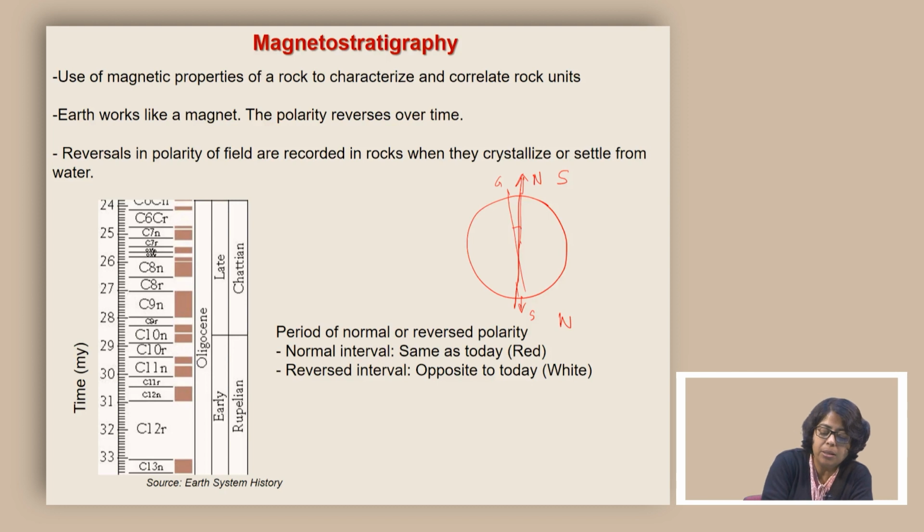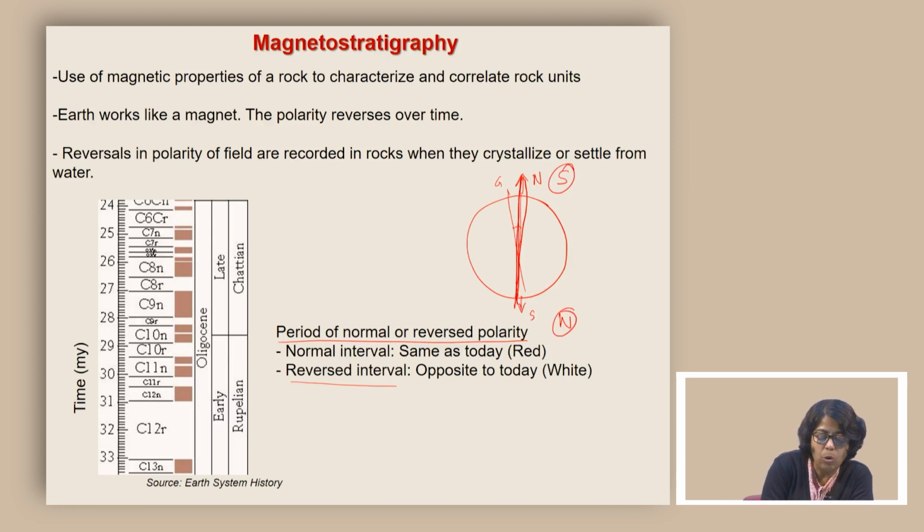The periods of normal or reversed polarity are indicated as follows. We call it normal polarity when it matches the modern day polarity, with north at the top and south at the bottom of the globe, and reversed polarity is when it is the other way around.